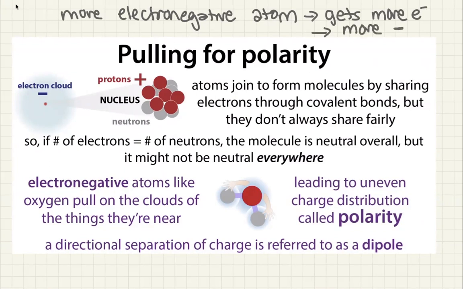Normally this is going to be a partial negative charge, so we draw it with a delta minus. So that has a partial negative charge, and the other atom has a partial positive charge because it's having the electrons stolen from it. And when we have this uneven distribution, we call it a dipole.